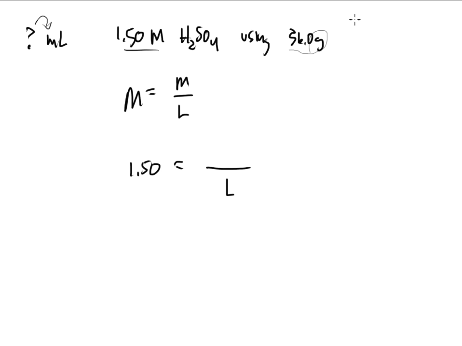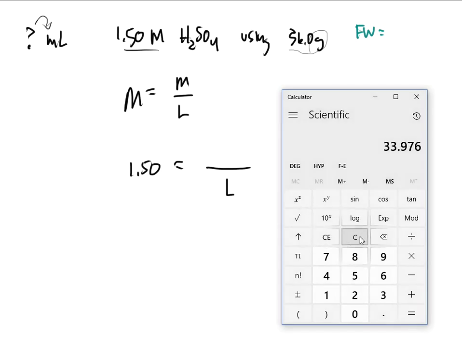Okay, so 36 grams over here, we need the formula weight for sulfuric acid. We know we can go from gram to mole, which is what the equation needs. I know I can do that if I have the formula weight for that compound. So I'm going to bring up the calculator. Hydrogen is 1.01, and there's 2 of them, so I'm going to add another one. My sulfur is going to be 32.07.